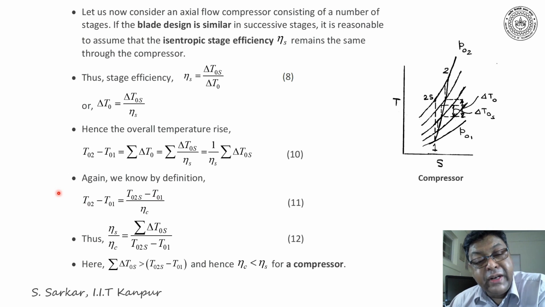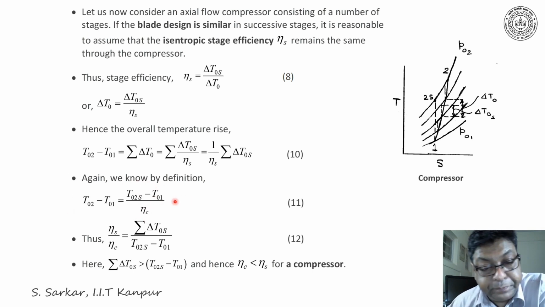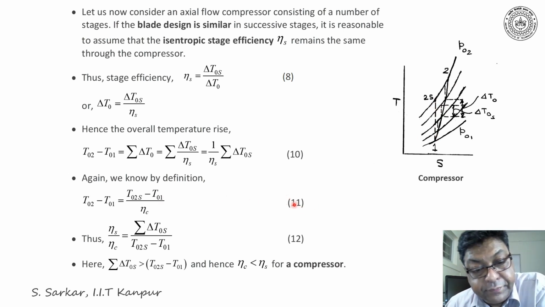Now we can define again T02 minus T01 is equal to T02S minus T01 by eta C, considering the overall compressor. Look here, I can write actual temperature rise in terms of isentropic temperature rise and eta C, which is equation number 11.